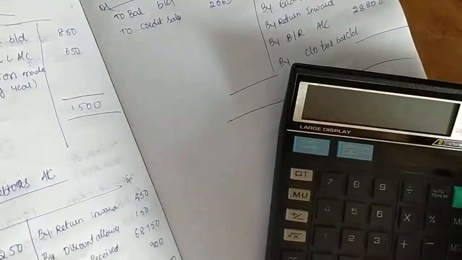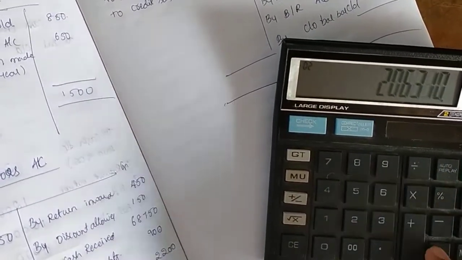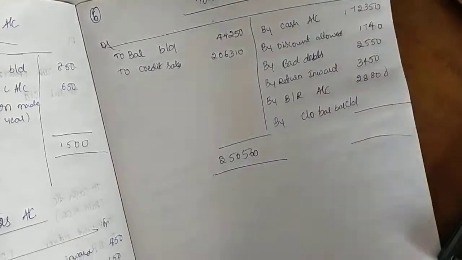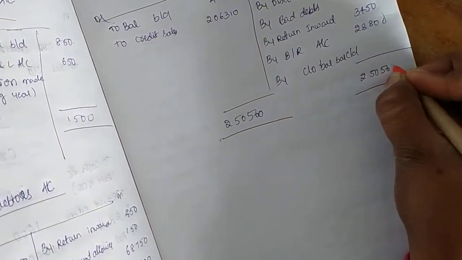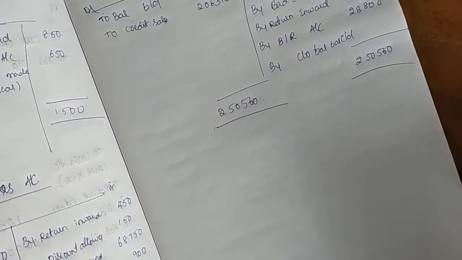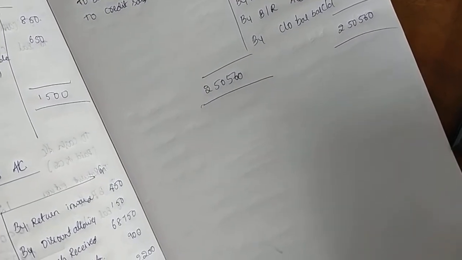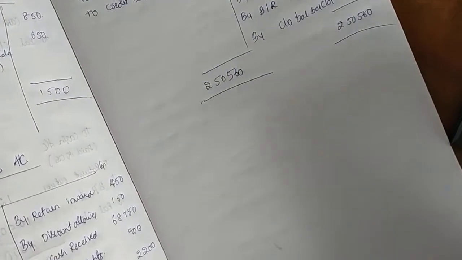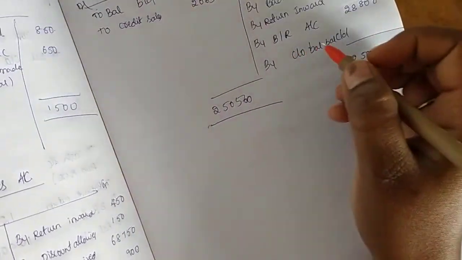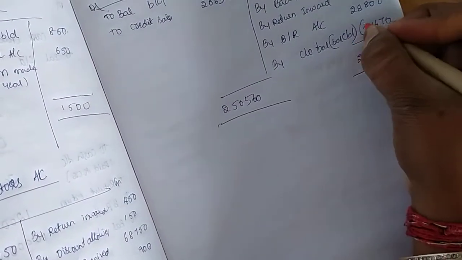For that purpose only it will be the closing balance. 44,250 plus 2,06,310, total is 2,50,560, minus 1,72,350, minus 1,740, minus 2,550, minus 3,450, minus 28,800. Closing balance is 41,670, the balancing figure.